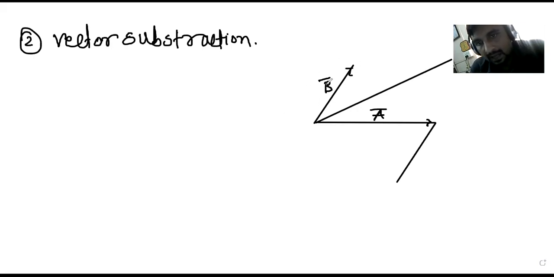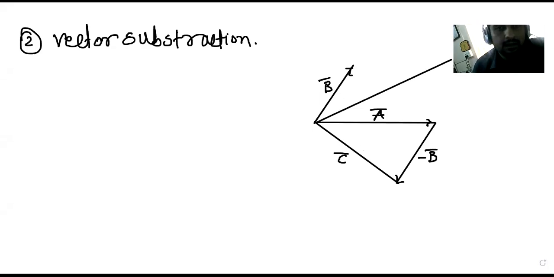So I just have to consider its negative. So its negative would be here. This would be the negative of that vector B bar. And now if I complete, I will get the resultant. Right. So this is going to be your resultant C.